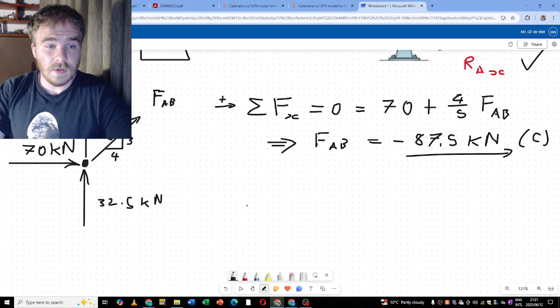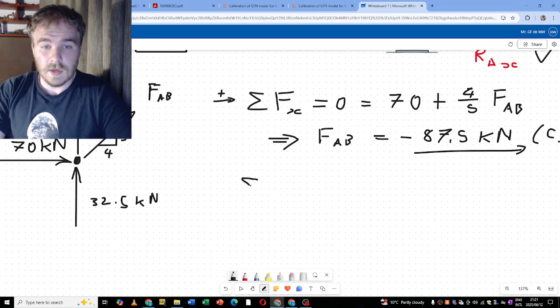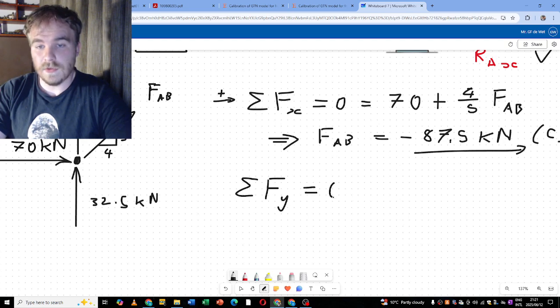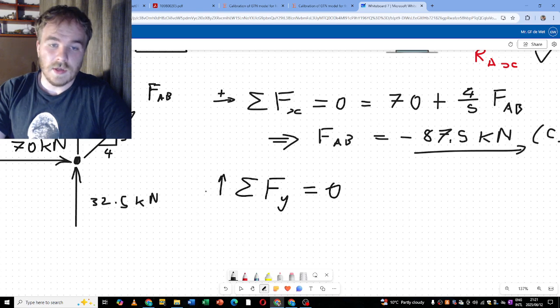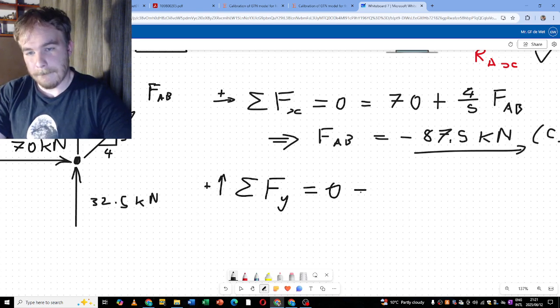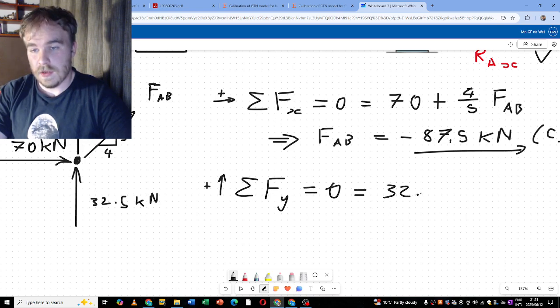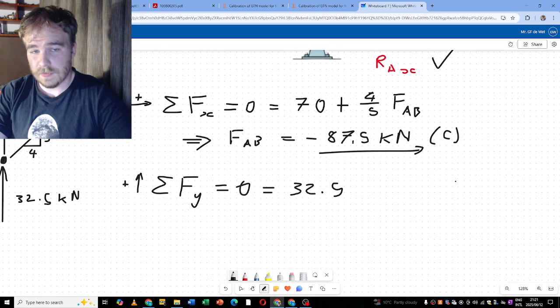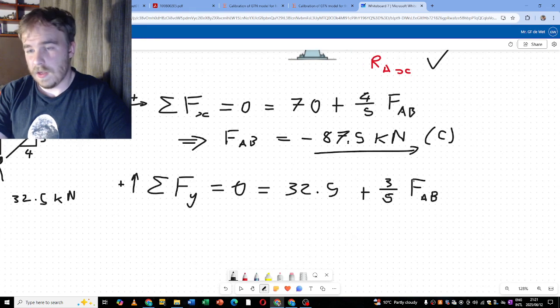And now we go on to the second one, and we're going to do sum of forces in the y direction is equal to 0, and we specify that upwards is positive. And then we get the 32.5 plus 3/5 FAB and plus FAI.